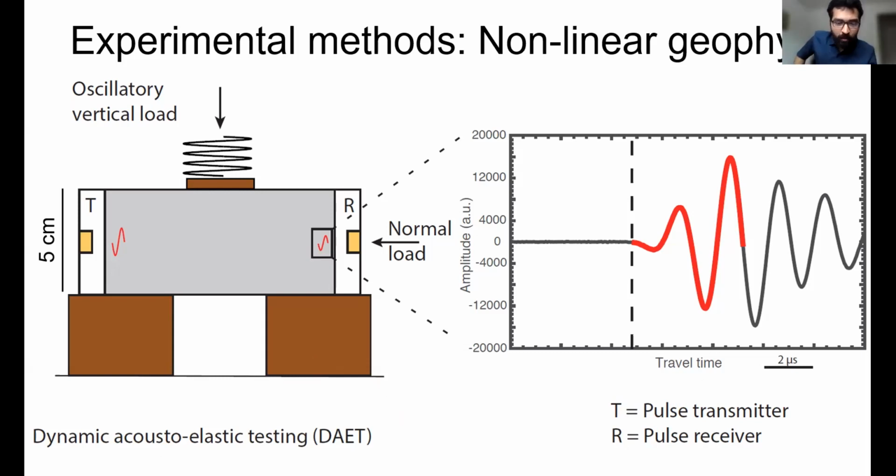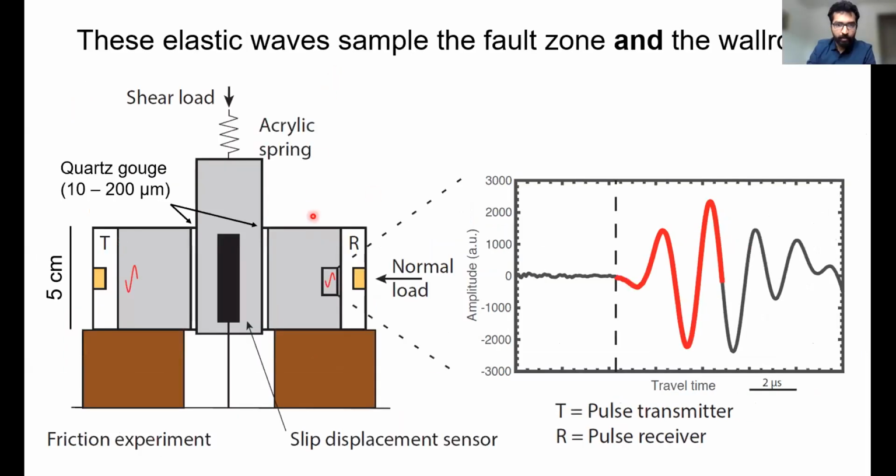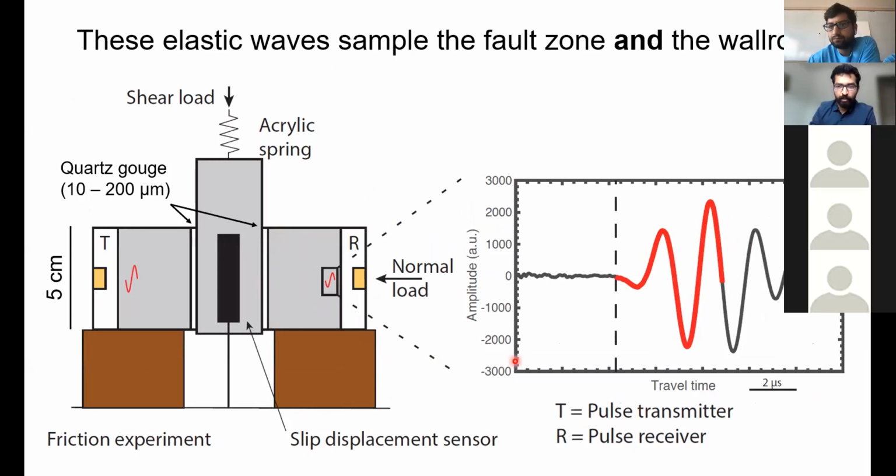Cool. So again, as a reminder, just because we had a bit of a loss in continuity there, my goal with the nonlinear geophysical technique is to parse out or partition the role of the wall rock and the fault zones itself on the variations in the amplitude and velocity behavior.